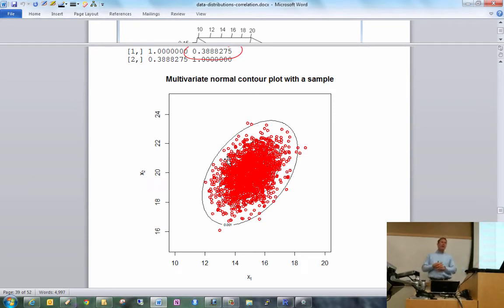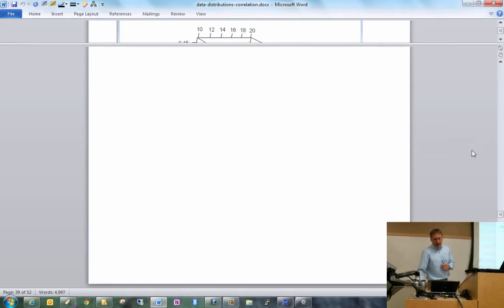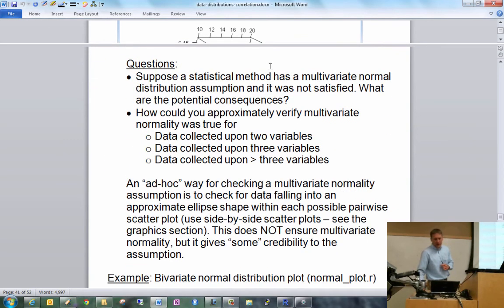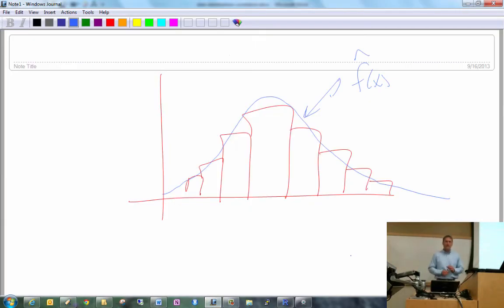What could be another way that you could examine for a bivariate situation? What do you think would be another way that one could assess bivariate normality? Think what we just did with this particular plot here. 3D plot.